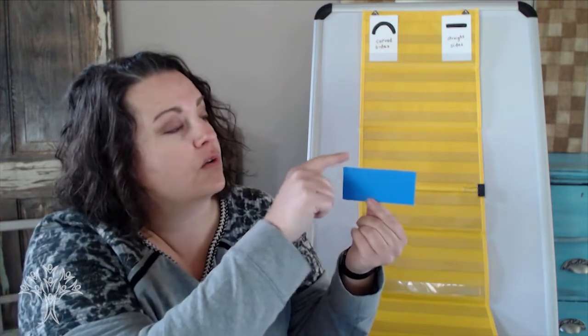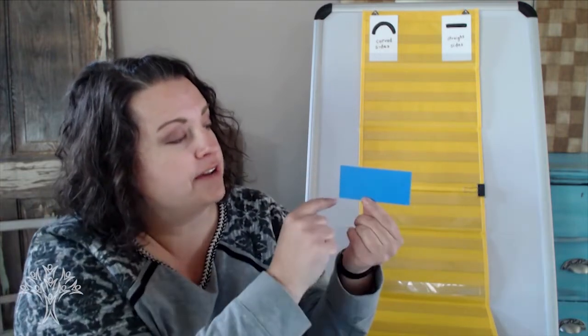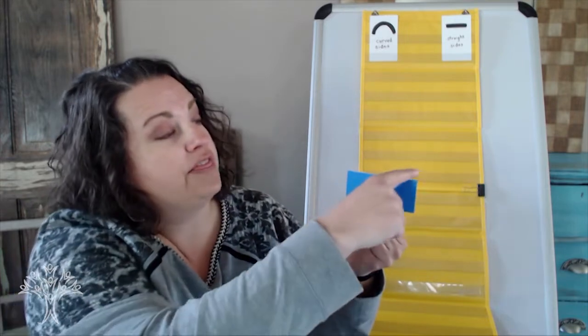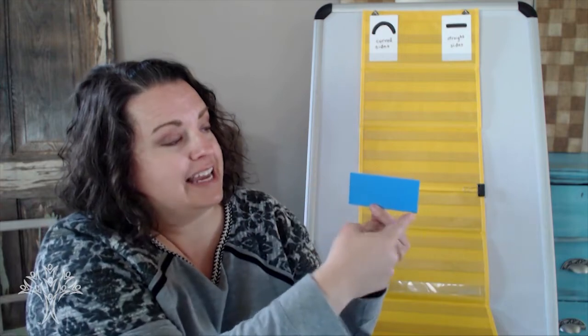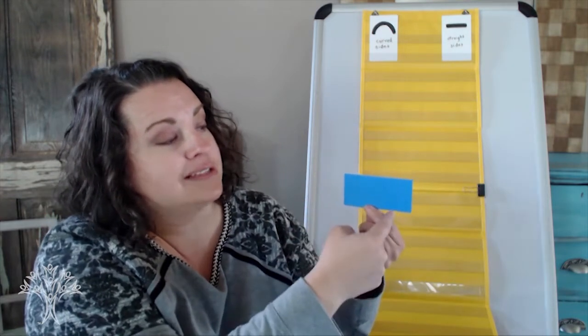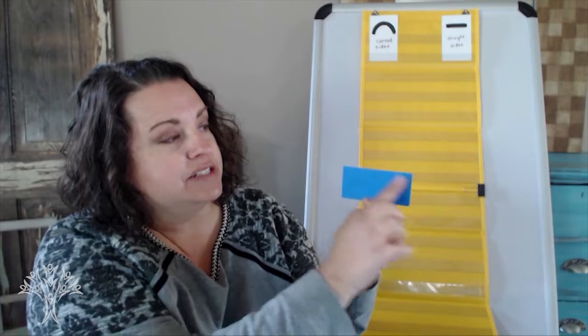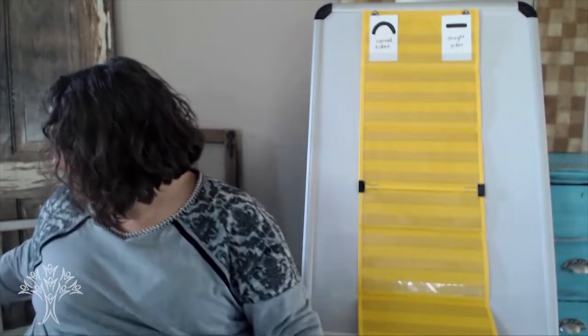It has 4 corners, 1, 2, 3, 4. Something else about a rectangle is that it has 2 sides that are equal. So this side at the top is the same length, or it's equal to the one at the bottom. And the sides are equal too. That's something that makes a rectangle special.